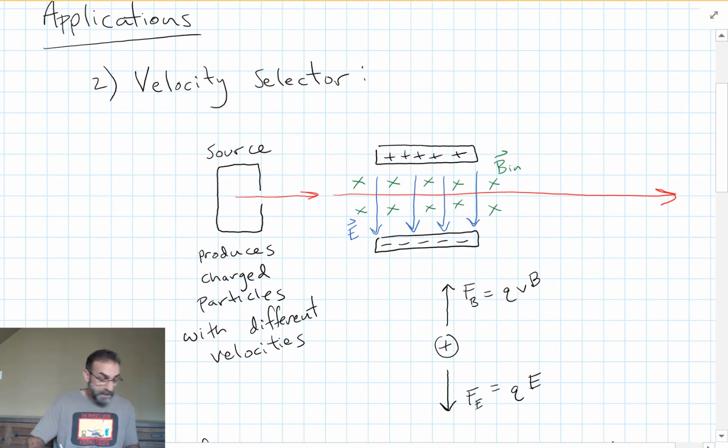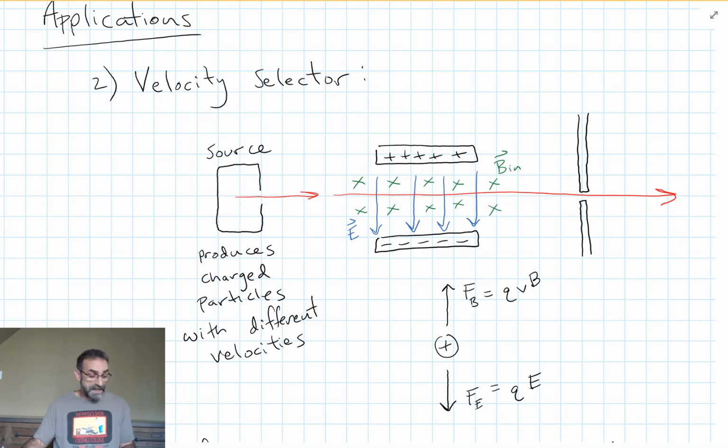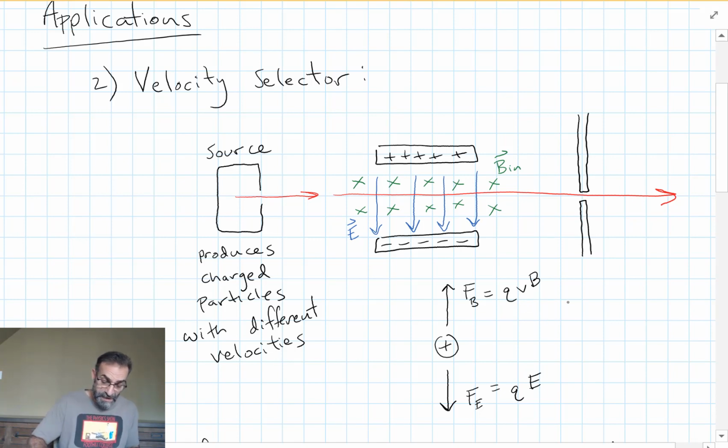What do we do? We build a wall over here with a little hole in it at the center. If the particle is traveling in a straight line, it makes it through that hole. If it's traveling too fast, then the magnetic force is bigger than the electric force, and we end up with a particle that curves up toward the top of the page and crashes into our wall up here.